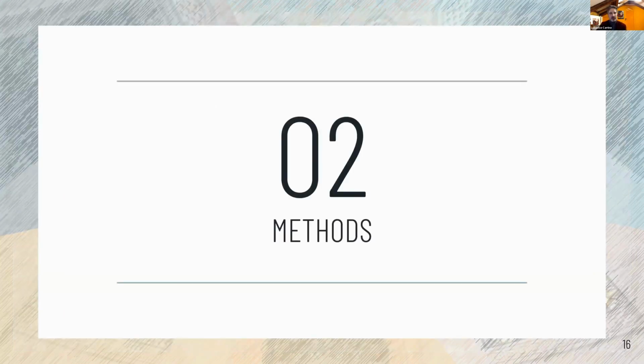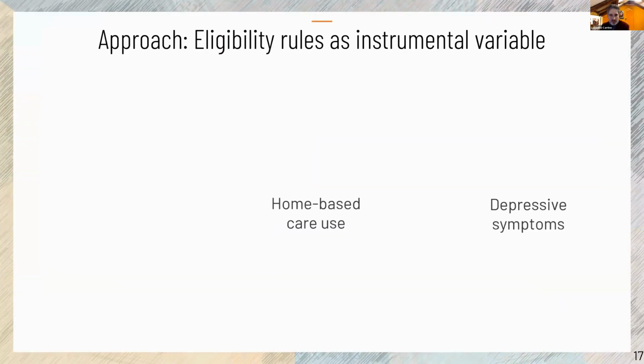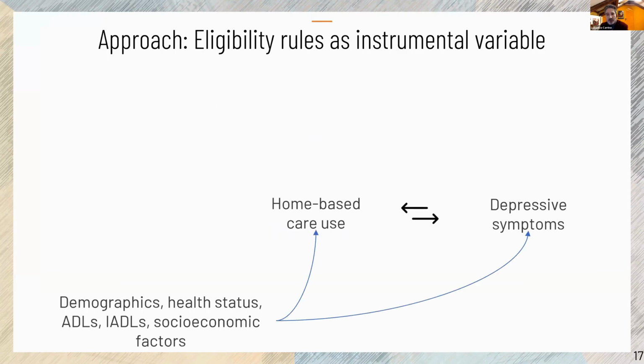Now, what are the methods that we exploit to study our research question? As I said, we want to study the link between receiving home-based care and depressive symptoms. And this is problematic also because those who have more depressive symptoms could also receive more care because they might have other health difficulties, for example, and for many other reasons.